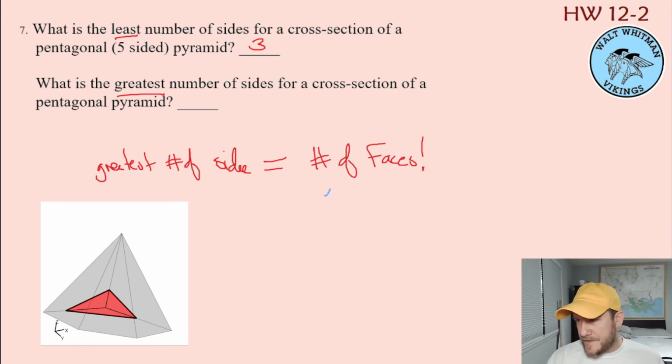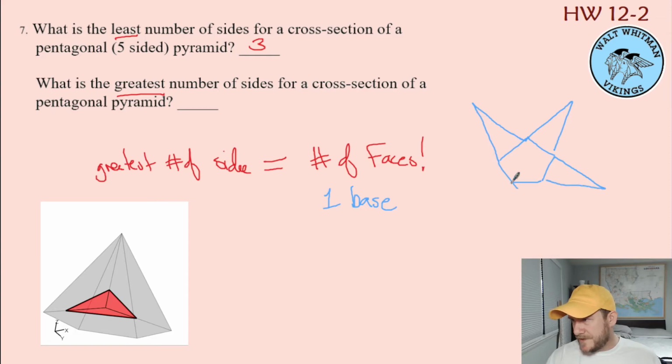A pyramid has only one base, and then it has a bunch of lateral faces, and all of those lateral faces are triangles. So our pentagonal pyramid is one pentagonal base, and then there's a triangle attached here, and here, and there, and there, and there. Maybe you can picture folding all of those triangles up, and they would meet at the top and give you your pyramid.